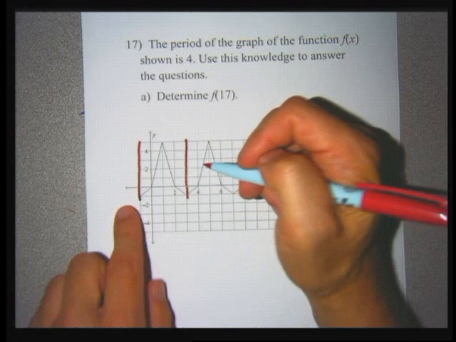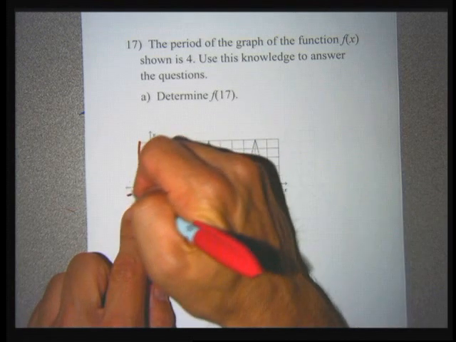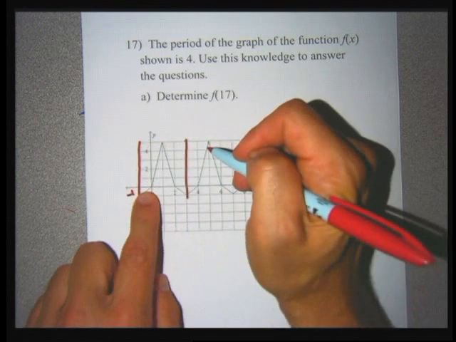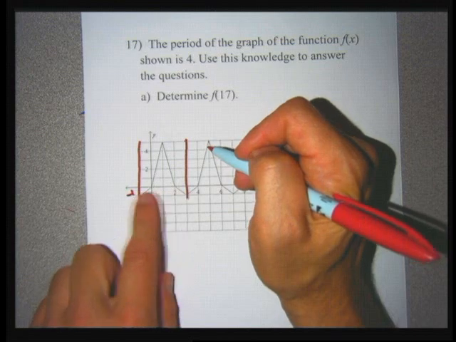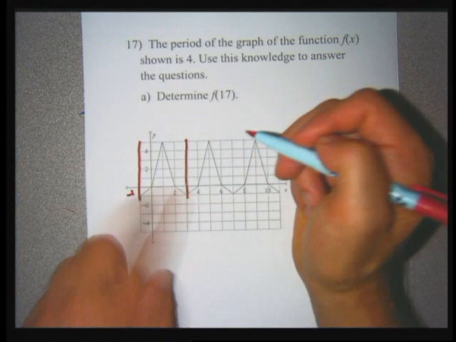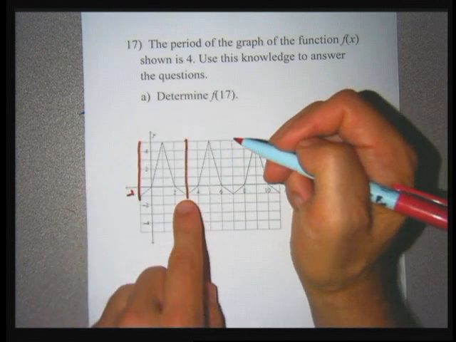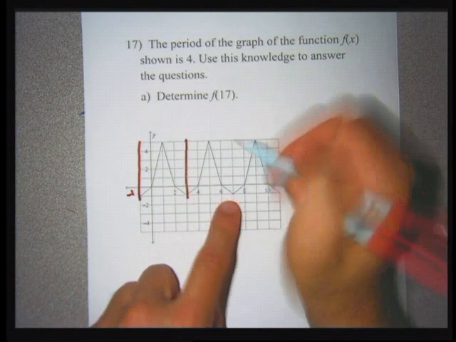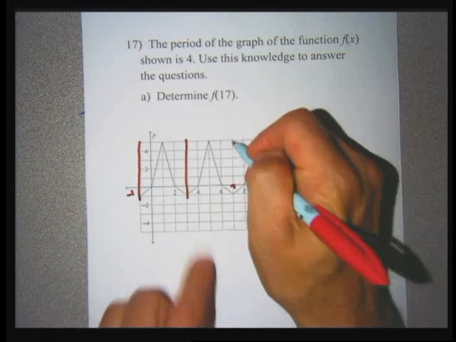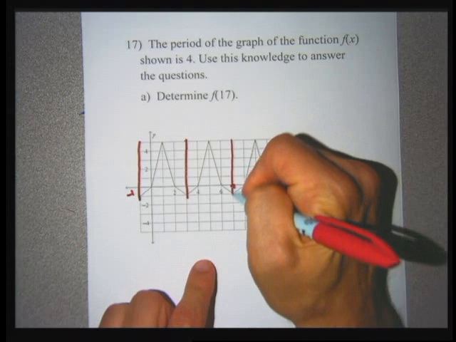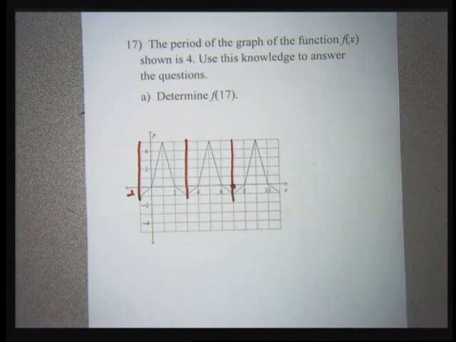And why I say it's a period of 4, because this goes from negative 1 to 0 to 1 to 2 to 3. That's 1, 2, 3, 4. I get a stamp. And then from 3 to 4, 5, 6, 7, I get another stamp. So this graph repeats every 4, and I'm supposed to figure out what happens at 17.